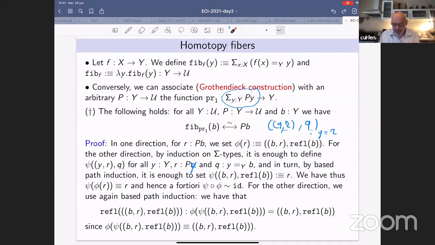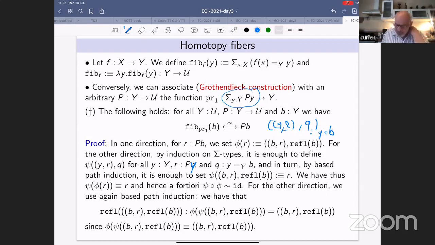If Y is not B, by definition of fiber, it is equal to B. So, am I correct here in what I'm saying? No, I'm not correct. This is why I'm so confused. Here is Y equals B. I'm sorry about that. Yes, because we are speaking about the fiber over B.